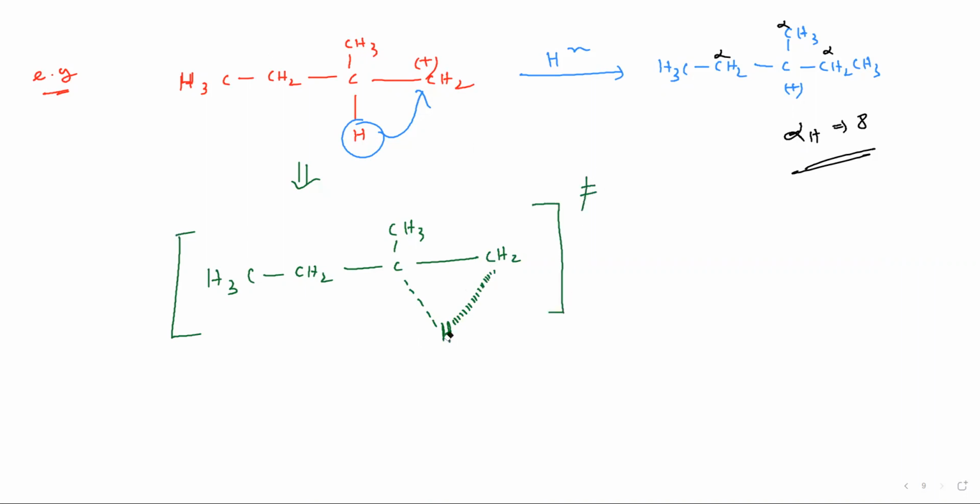So carbocation rearrangement always follows a 3-member cyclic transition state.